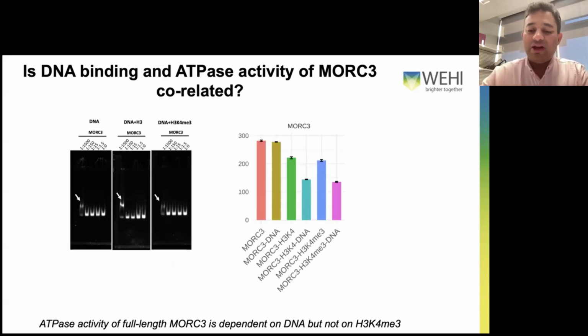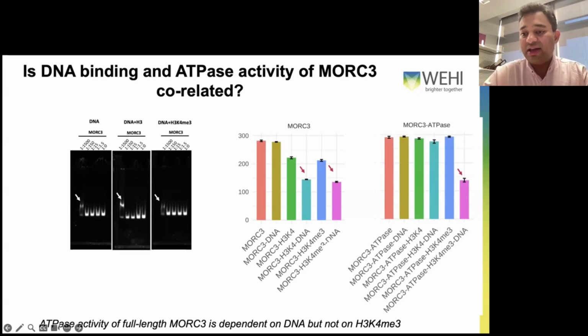We then went on to perform the ATPase assays on this full-length MORC3, and interestingly, we see that the ATPase activity of the full-length MORC3 is actually more dictated by the presence of the DNA as compared to the H3K4 peptide, whether it's present in its unmodified form or in the trimethylation form.